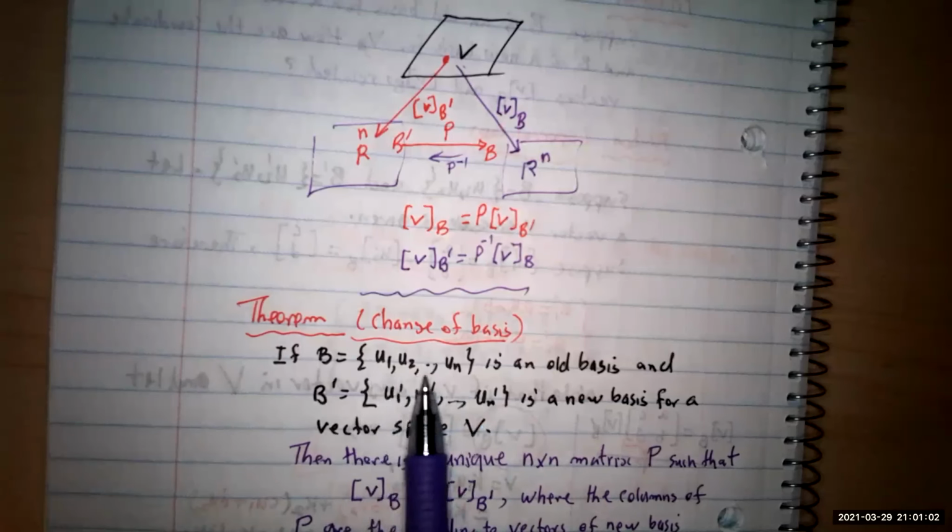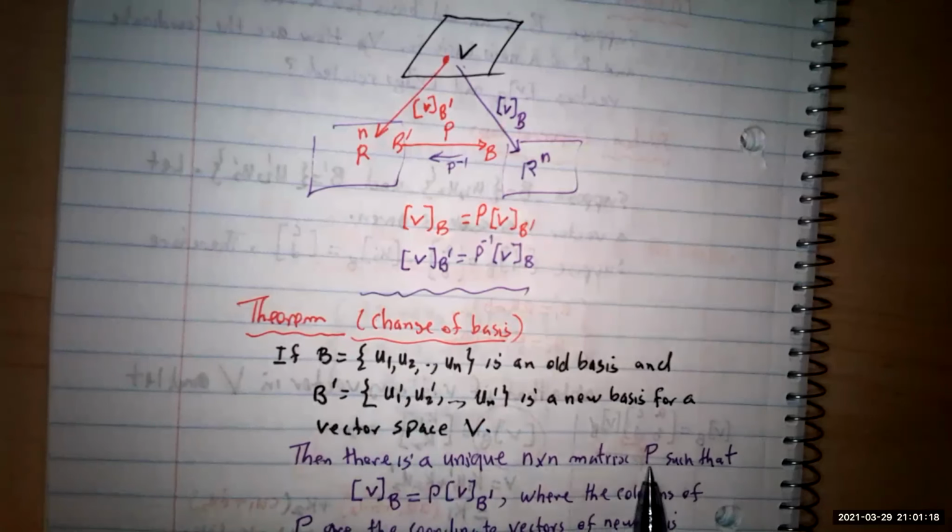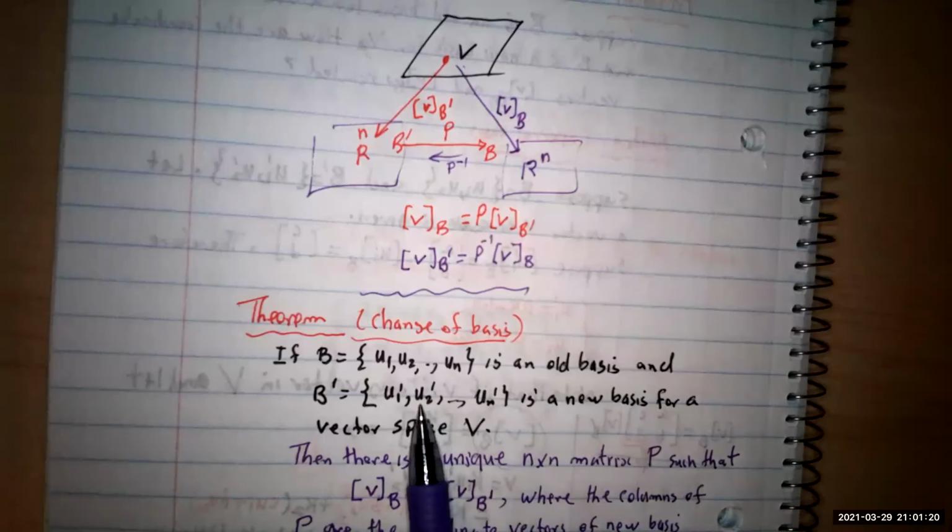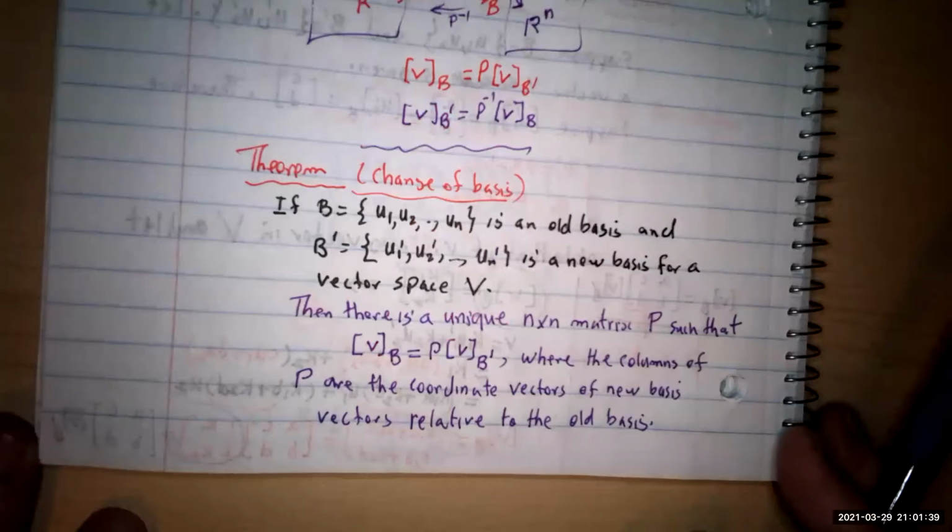Those scalars that you find form a vector that is the first column of P. Then you take the second one, U2 prime, and find its linear combination with respect to these vectors. Those scalars form a vector that you put in the second column of P, and you continue. You get n by n. This is the way you form P.